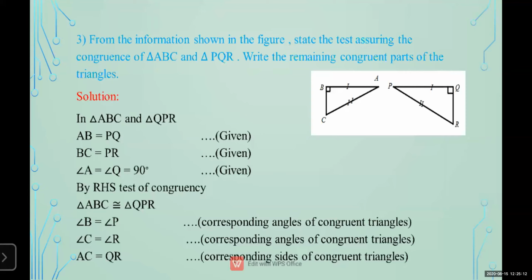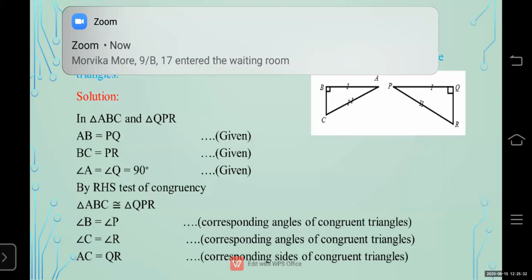So if we can say that these two triangles are congruent to each other, that means three things mentioned in the triangles, we can prove that they are congruent. That means the remaining things, whatever they may be, the other two sides, the other two angles, will also be congruent.